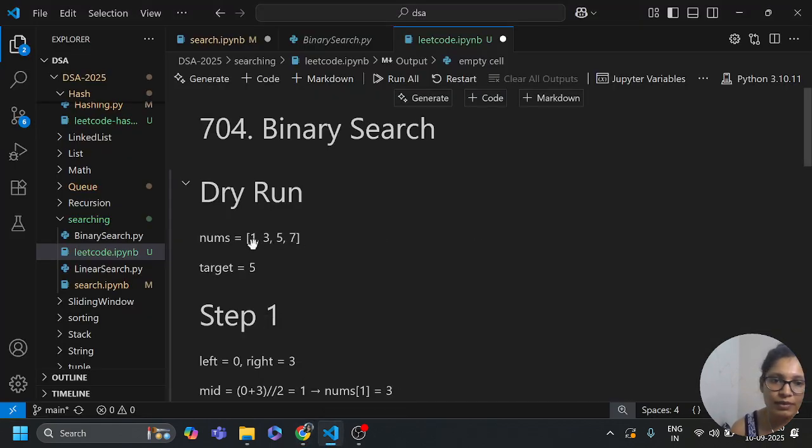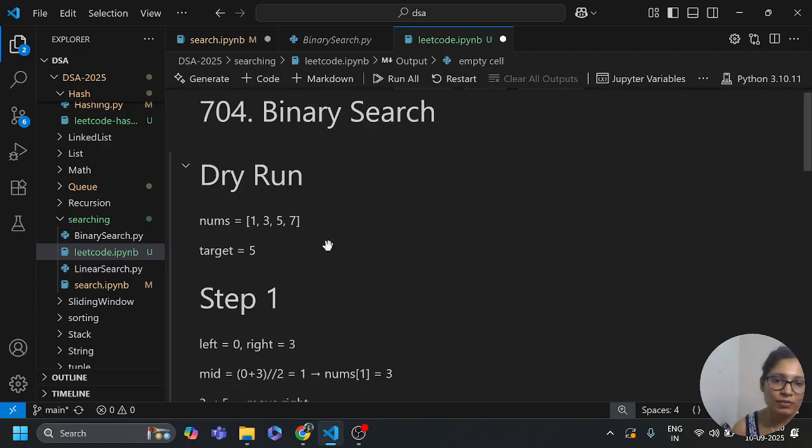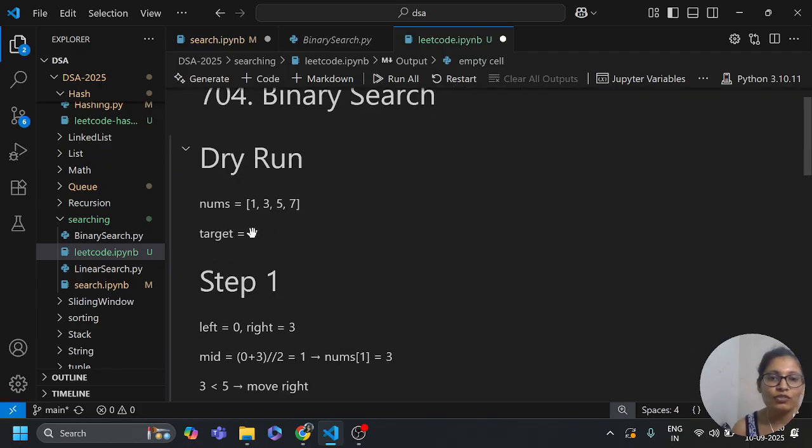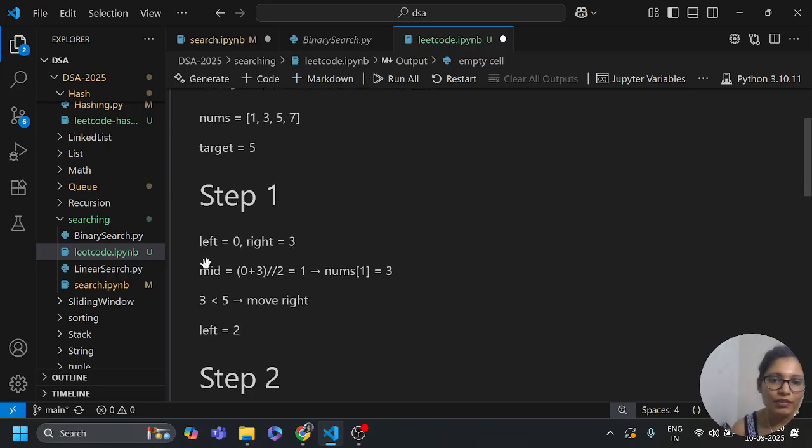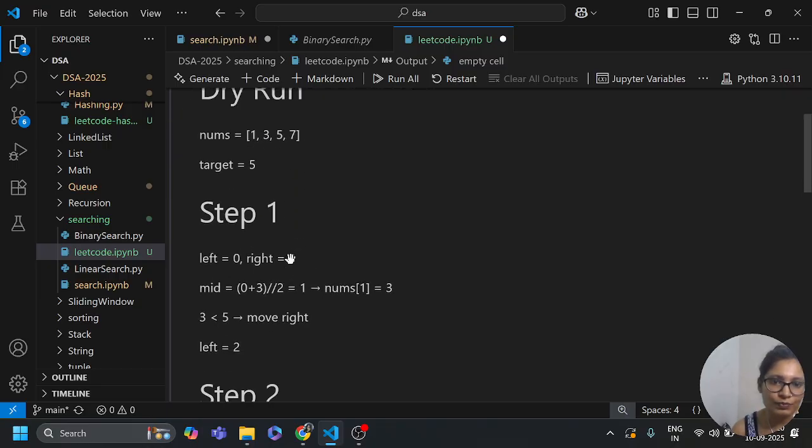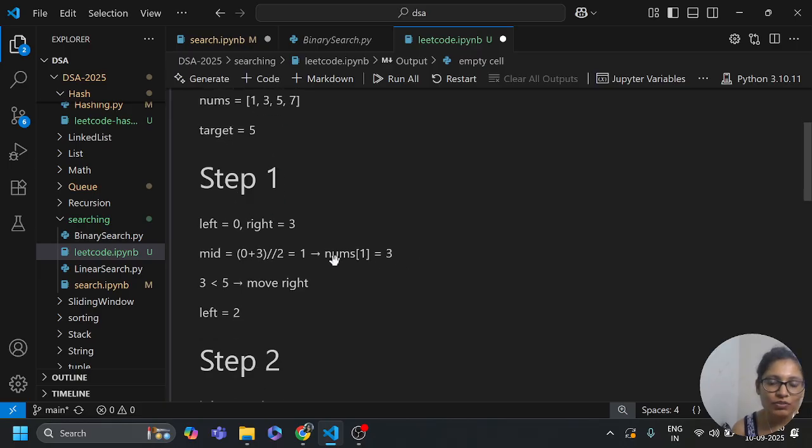Here the numbers are 1, 3, 5, 7, and target equals 5. I need to find 5 in these numbers. Step 1: left equals 0 and right equals 3. So 0 plus 3 divided by 2 equals 1.